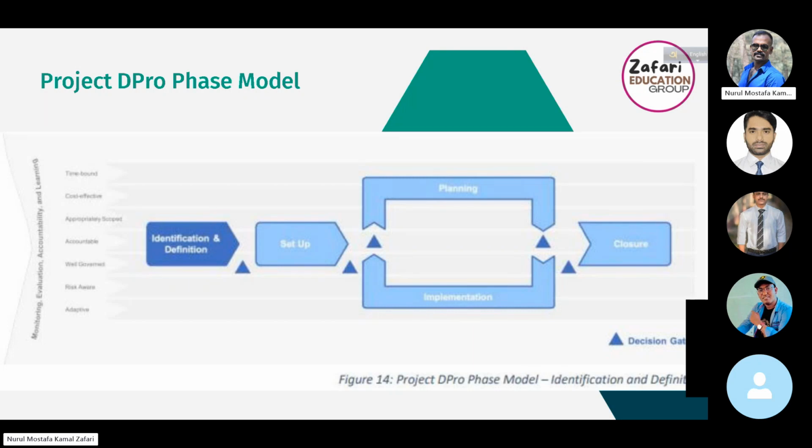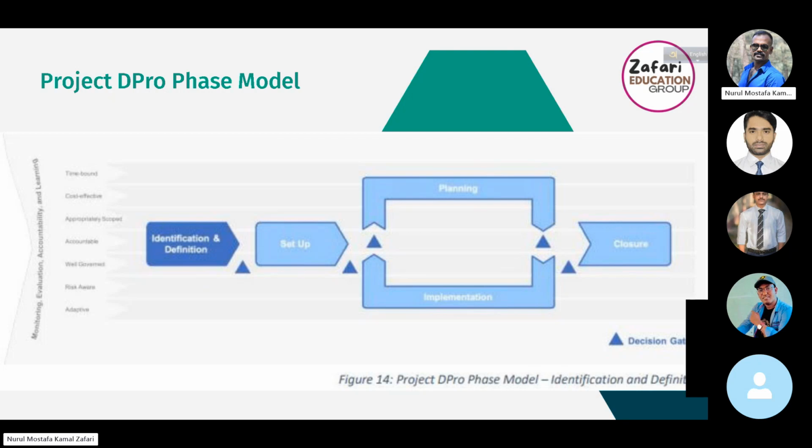If we see any changes needed, we bring the changes. That's why planning and implementation have been put in a circular way, as it needs to go with the changes and it needs replanning with the changes approved by the donor or the authorities or the sponsors of the project.